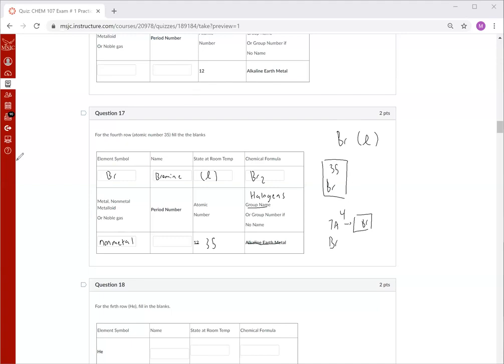Okay, let's check the periodic table just to be sure. I'm just going to pull up my copy of the periodic table just to make sure. So looking for bromine, yep, it's in the 4th row. Perfect. So we enter the period number of 4. Exactly right. Does this example make sense?